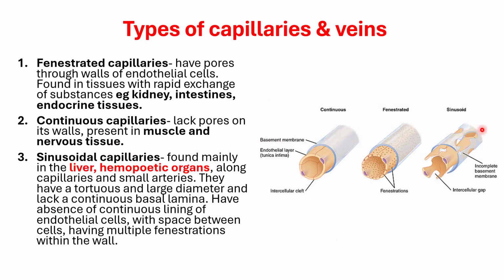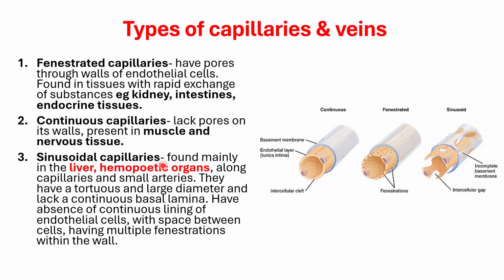Then sinusoidal, both the basement membrane and the endothelium will contain spaces, will contain pores, and actually in this part there will be large intercellular gaps. And they are found in the liver, the hematopoietic organs, that is the bone marrow, the spleen, and even the structures of the reticuloendothelial system.